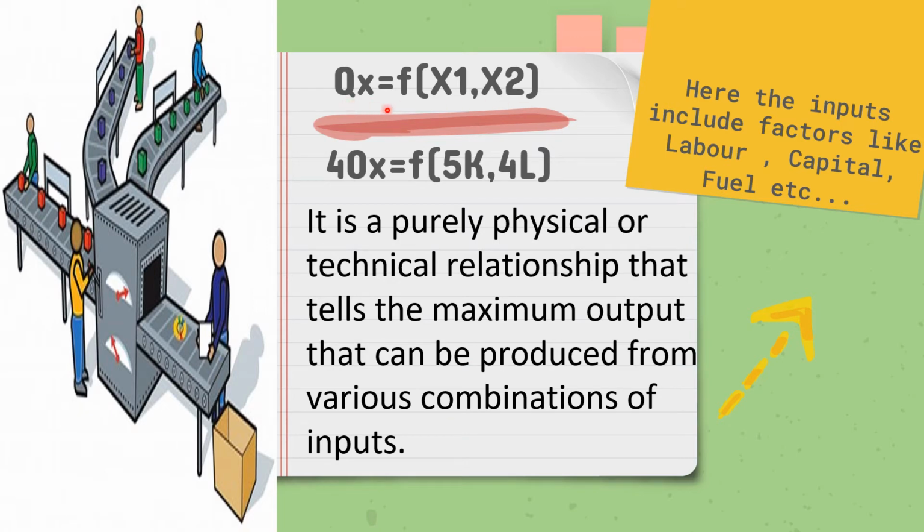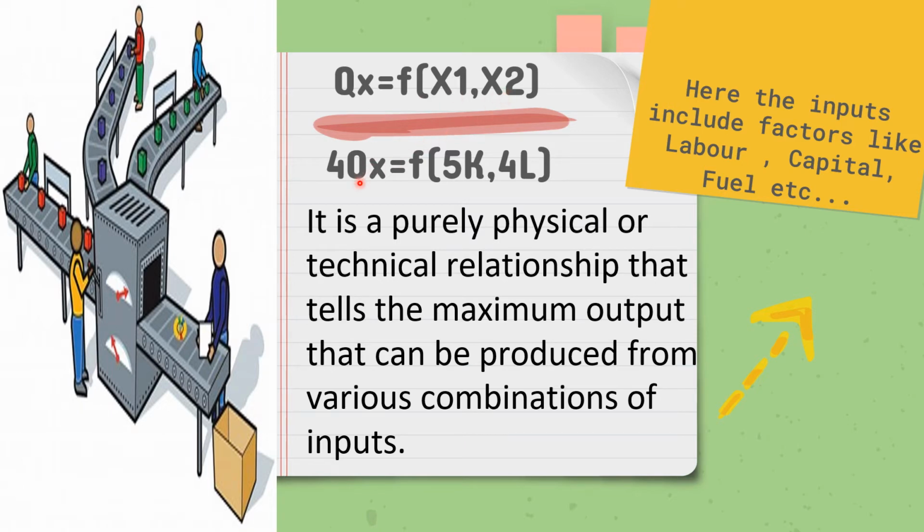You can see here in a symbolic form the functional relationship between inputs and output. It tells us that output, denoted by Qx, is a function of the inputs x1 and x2. What we mean by function is the output depends on these inputs.